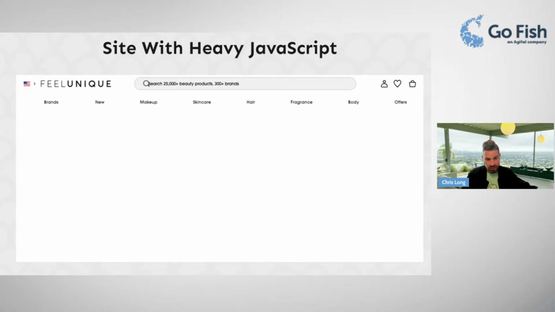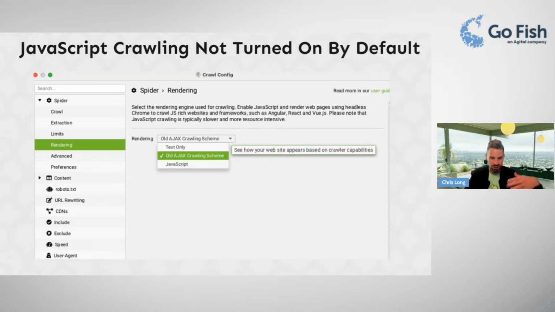And similarly, if you try to crawl this site with just Screaming Frog in its default settings, Screaming Frog by default is set to what's called the old Ajax crawling scheme. It's really useful, one of the fastest options, and maybe a good option if you have a more basic site.